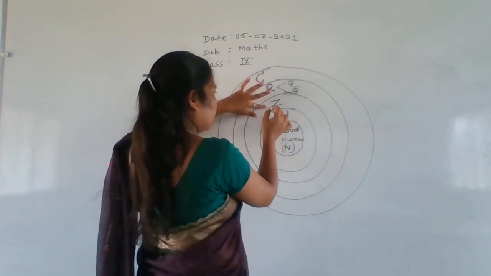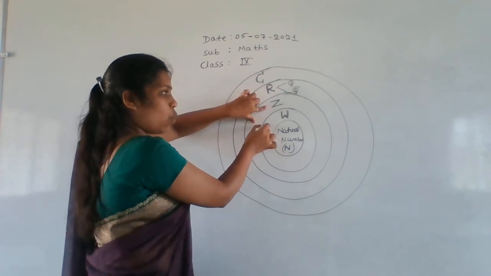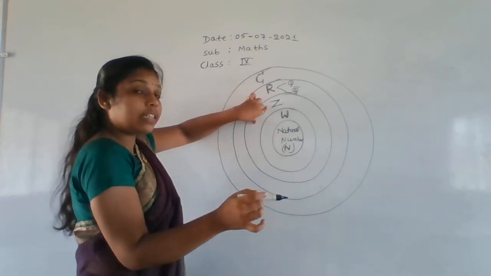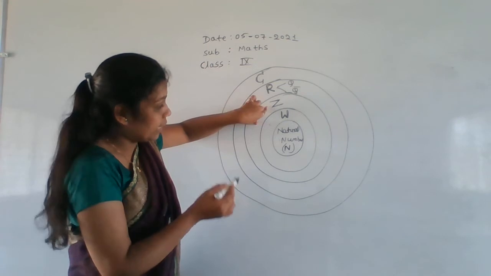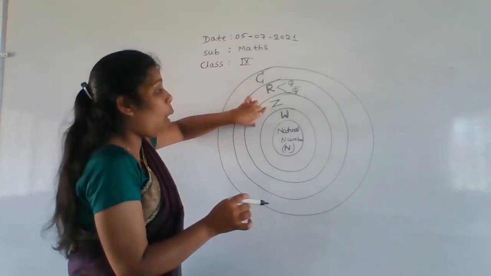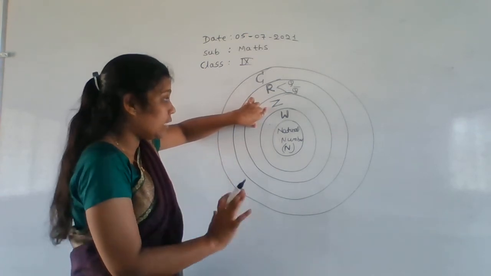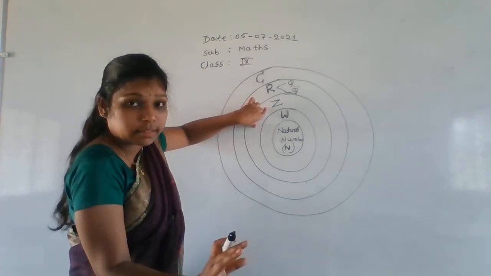Same thing for integers. In integers we have the natural as well as the whole numbers. So all whole numbers are integers and all natural numbers are integers, but all integers are not whole numbers and all integers are not natural numbers.